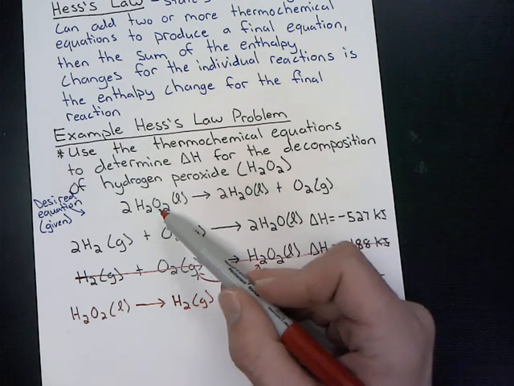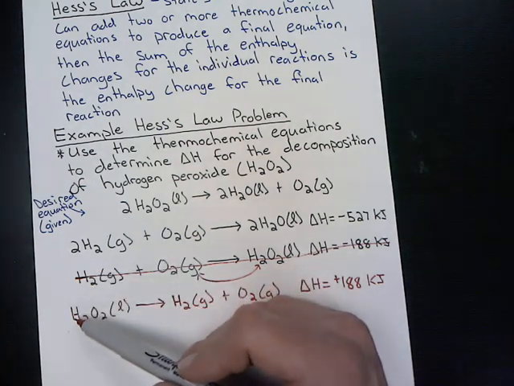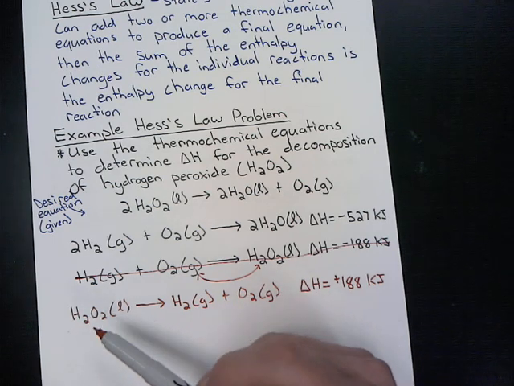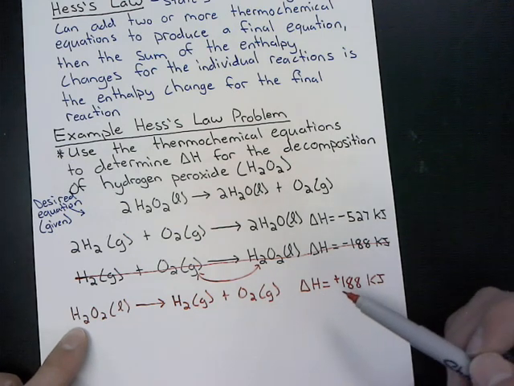And now I want to make sure I have the right number of H2O2s. If I look here, I only have one H2O2 in this given equation where I know delta H.